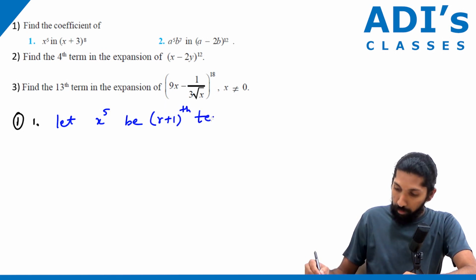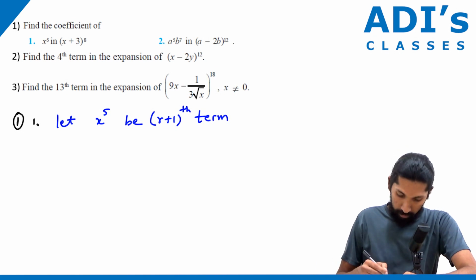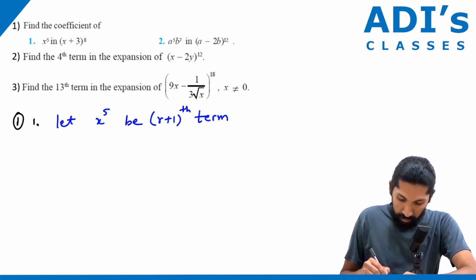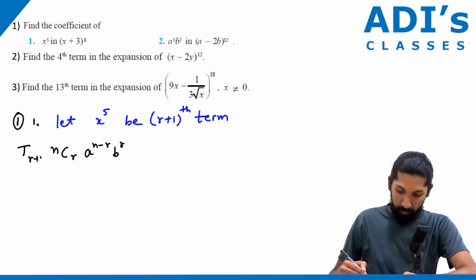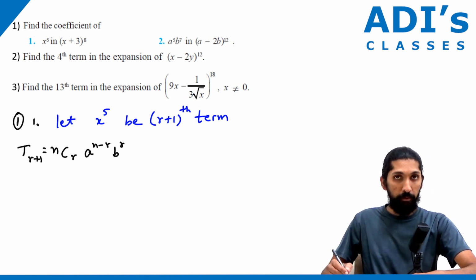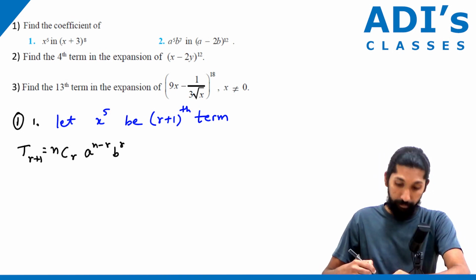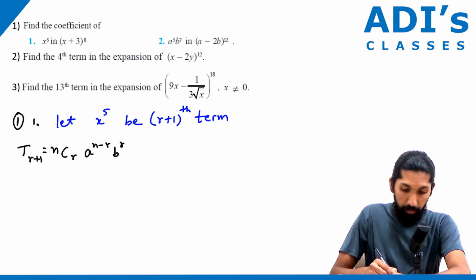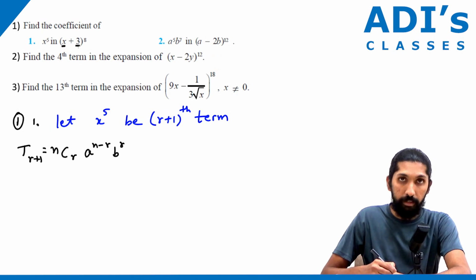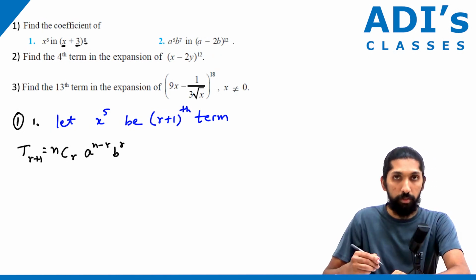We'll assume it to be the r plus 1th term, in the sense nCr a power n minus r into b power r. This is the r plus 1th term, isn't it? Here a value is x, b value is 3, n value is 8, correct? This is what we have in the question.